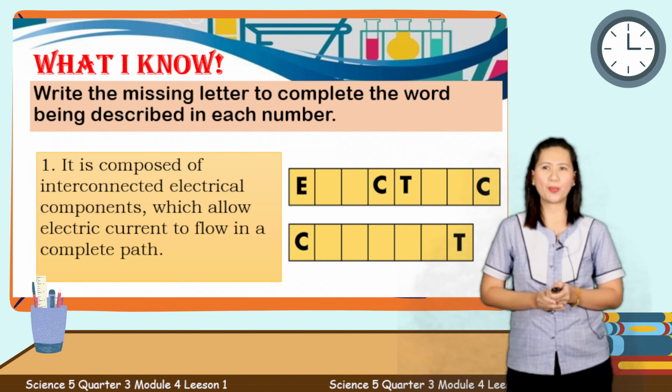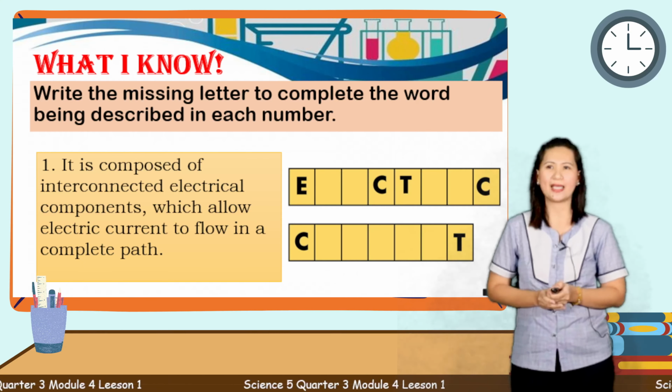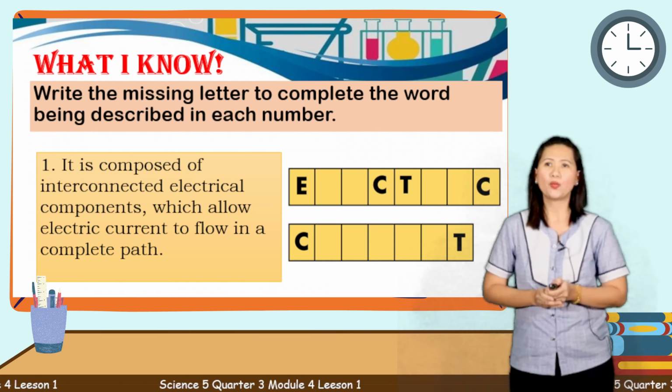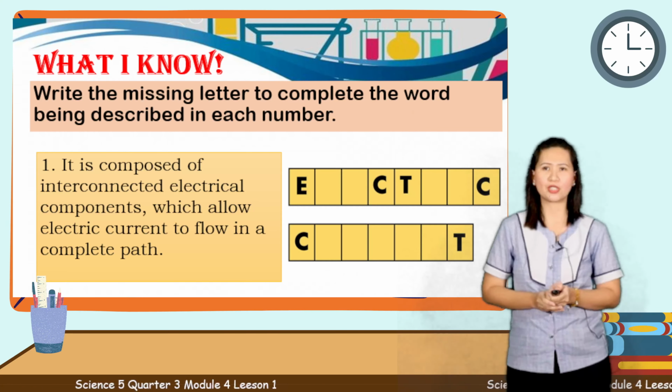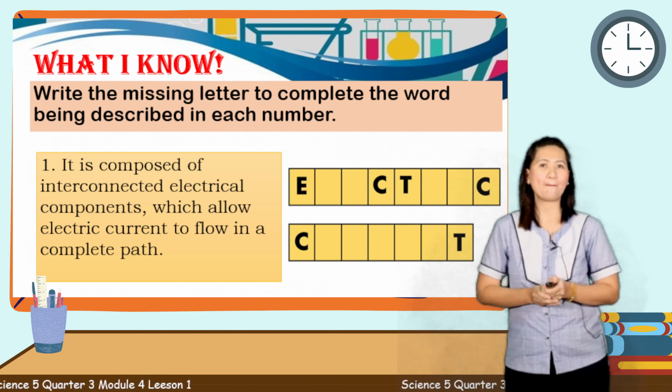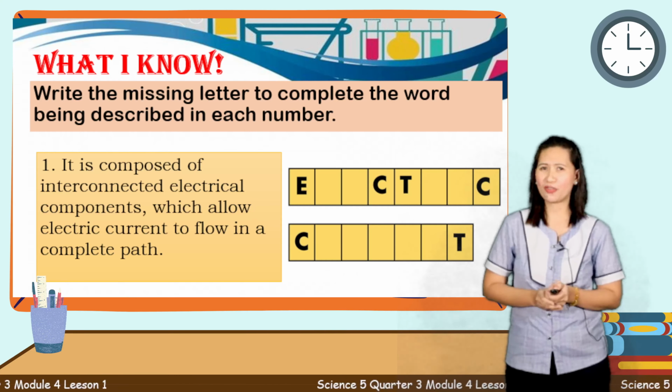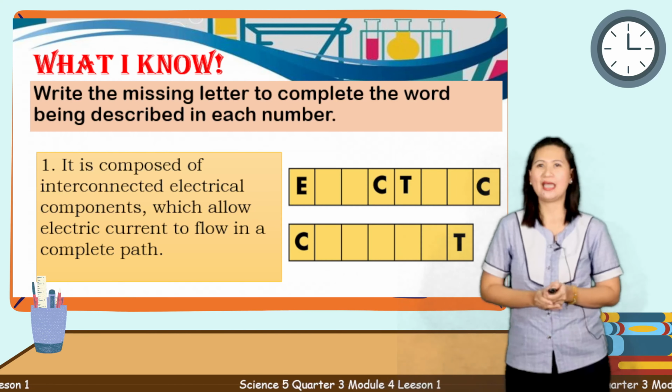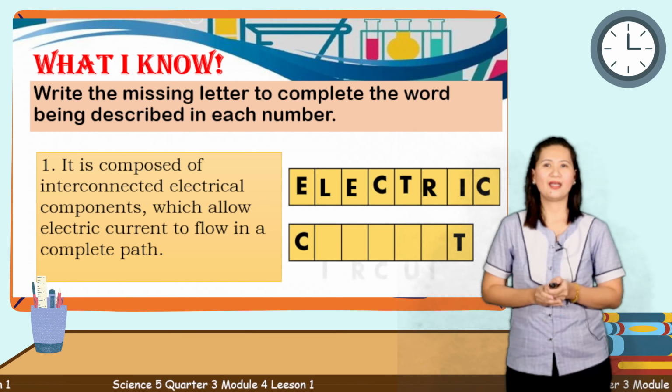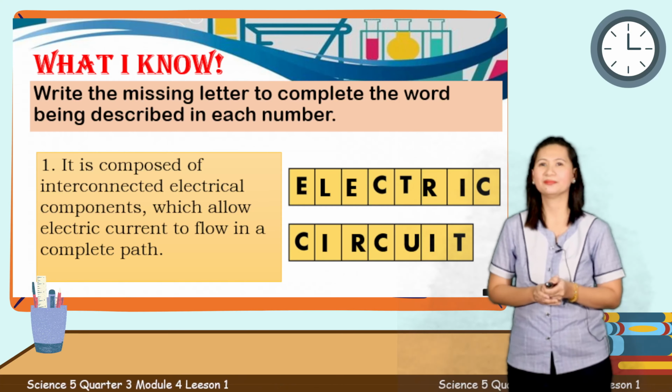It is composed of interconnected electrical components which allow electric current to flow in a complete path. So, what do you think is the answer? Okay, you may write your answer in the comment section or in your paper. So, the answer is electric circuit.